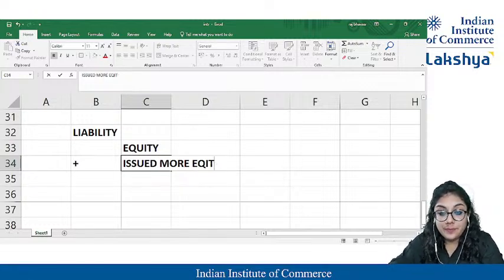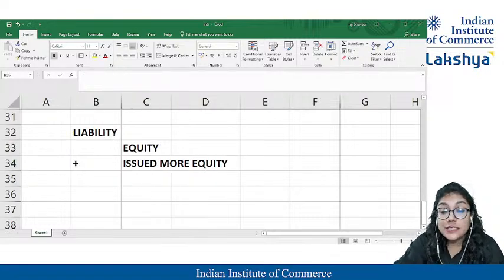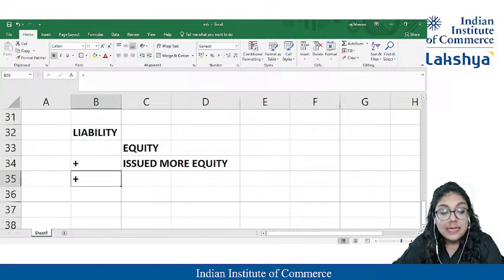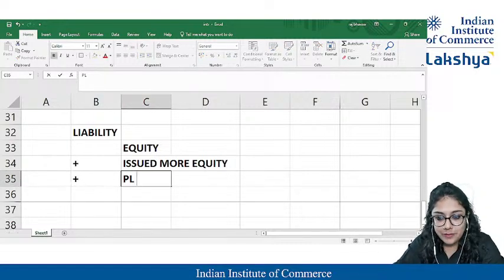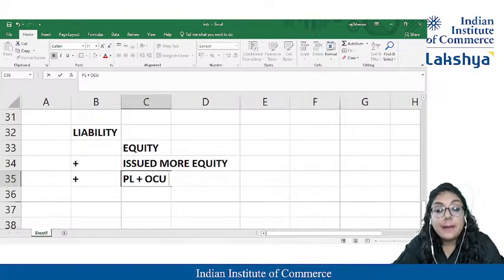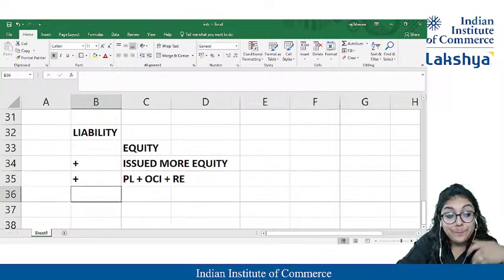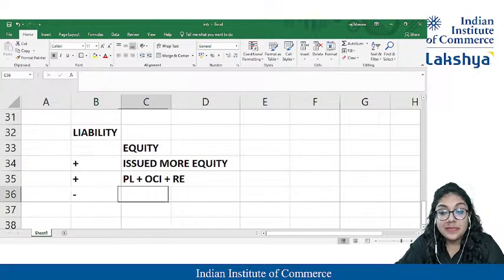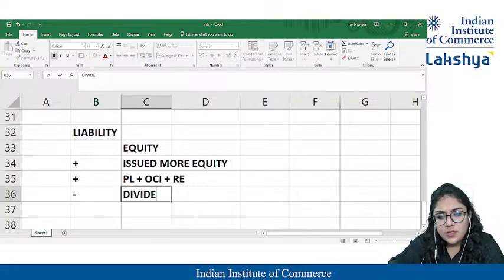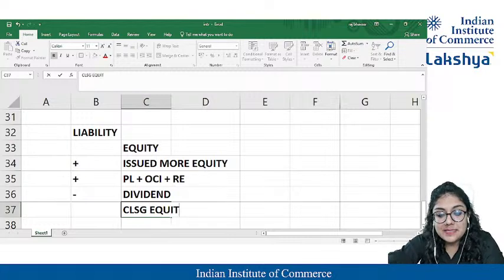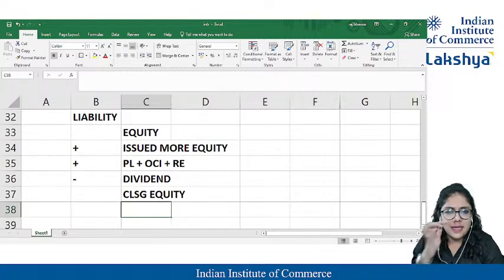If you remember, I may have securities premium, or retained earnings. So what is retained earnings? For example, the current year's profit and loss plus the OCI plus the retained earnings, everything is to be added. And from that equity, in case the company has paid a dividend, that is to be deducted. And then finally we get the closing equity. Yeah, this is the change in equity. So yeah, equity is cool.